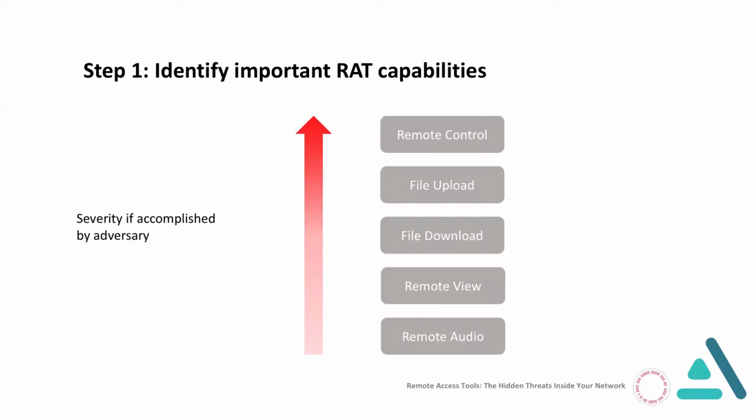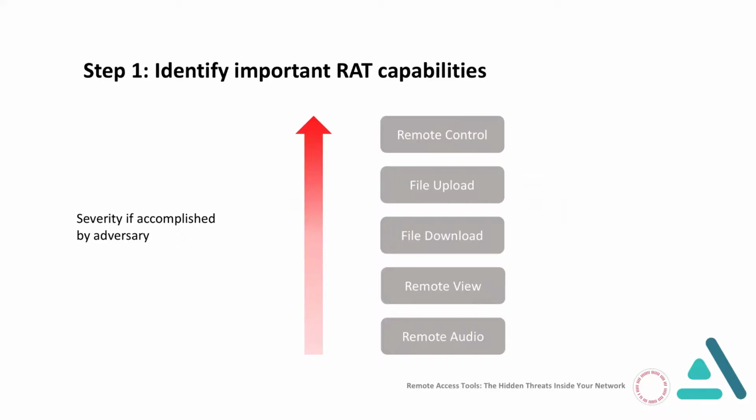But not far below that is the ability to upload or download files. This could be exfiltration. This could be pulling a stage 2 download to the system to escalate privileges or to pivot from there, etc. So still a big problem.